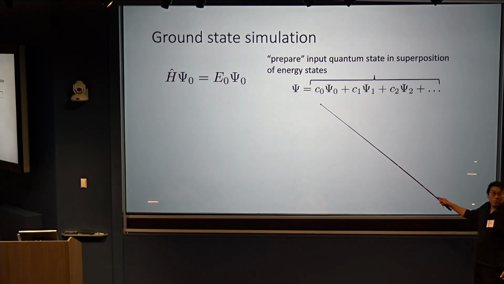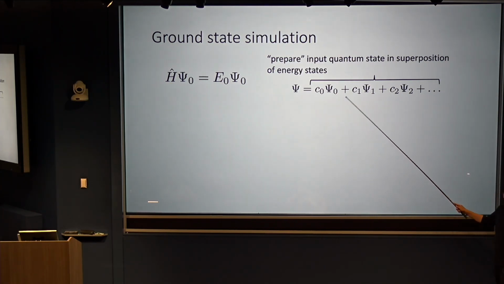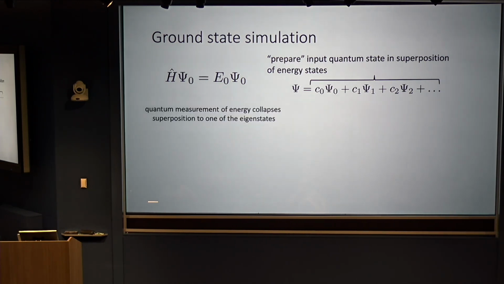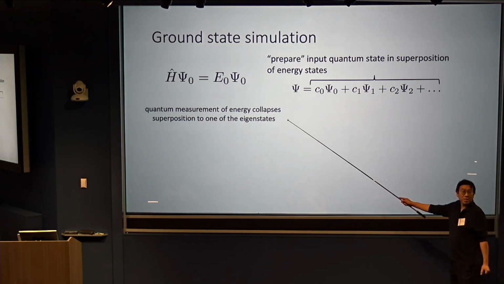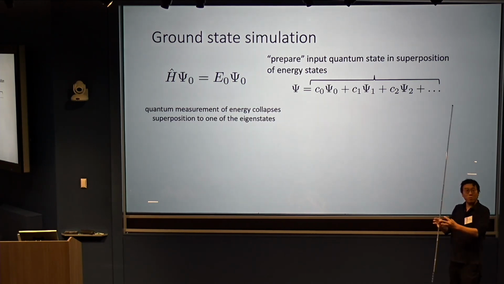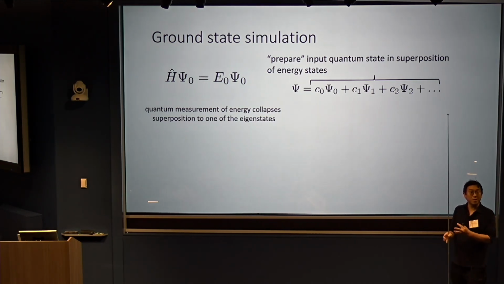And this wave function will, in general, be a superposition of many different energy states of the molecule or the material. And let's say you're just interested in the ground state. Then what you would do is you would try and measure the energy of the quantum computer. And the measurement of some property in quantum mechanics collapses this superposition of states into just one state.